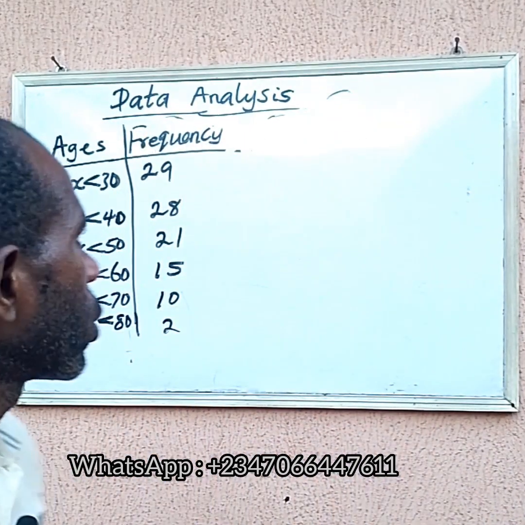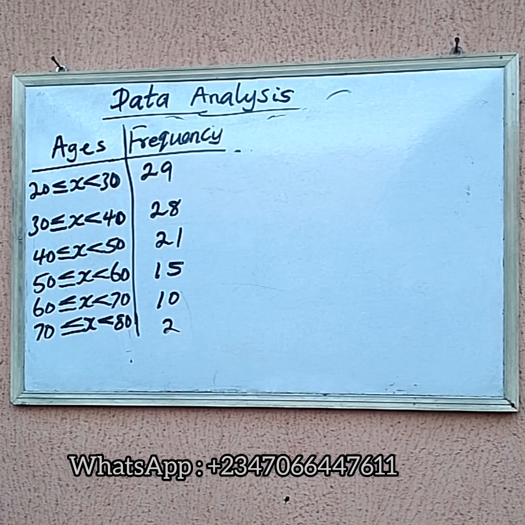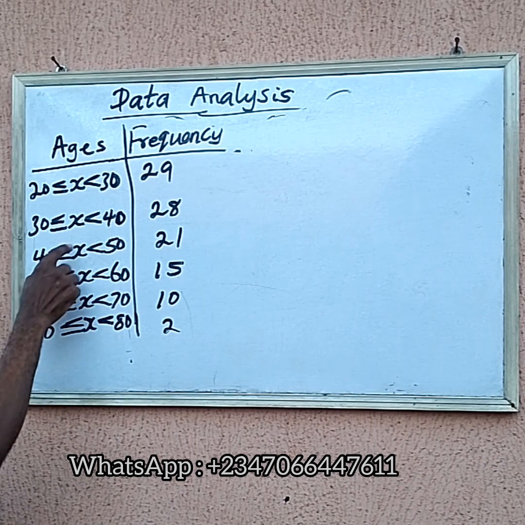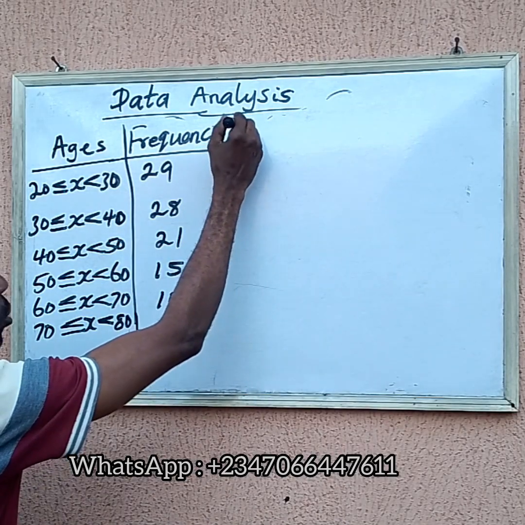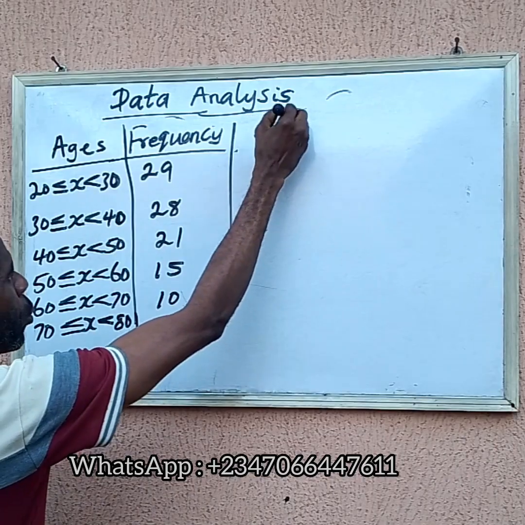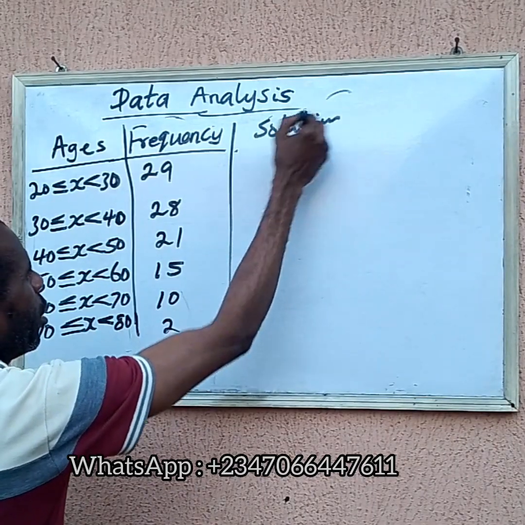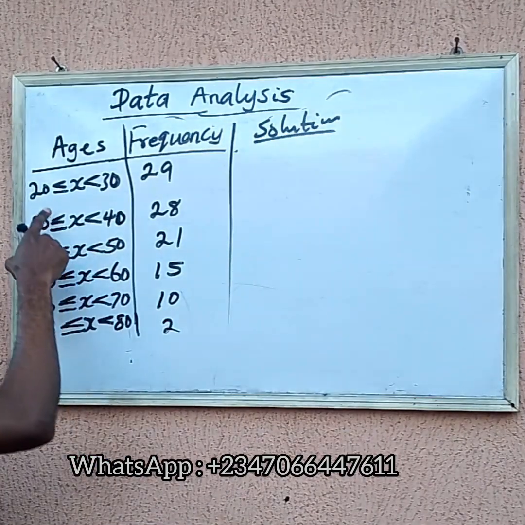So the first one, we don't need to calculate. When we look at the modal class, in statistics, the modal class is the class that has the highest frequency. So from the data given to us here, we have the solution.